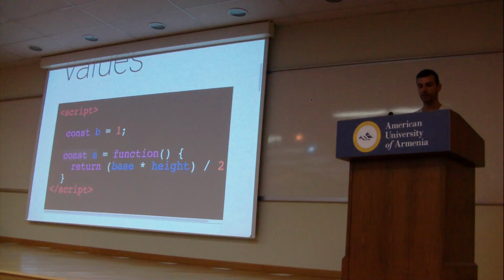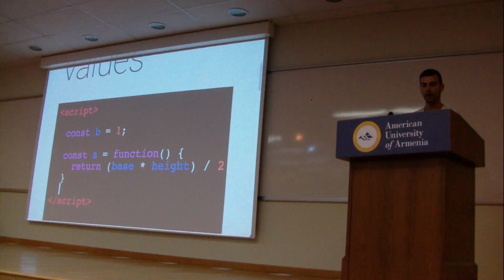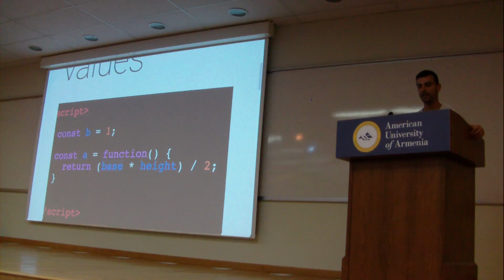This is const A, which means function. So now, if you ever see A, it's referring to this function, just like if you ever see B, it's referring to 1. Is that part clear?